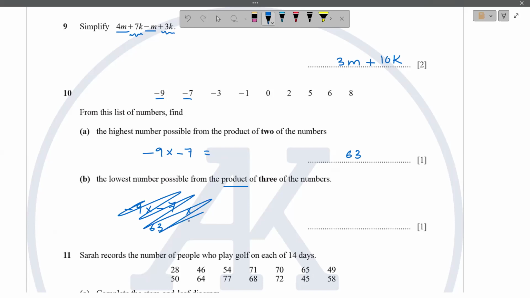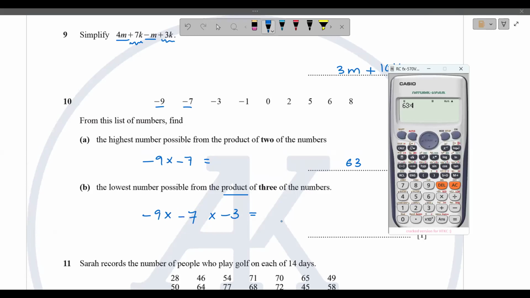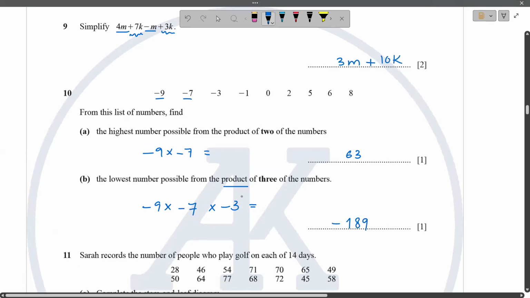Or we can get it another way, which is -9 multiply 8 multiply -7, as we have the largest number and the answer will be positive. So it's -9 multiply -7 and then multiply it by a negative number, which is -3. So 63 multiply 3, which is equal 189. So it's -189.